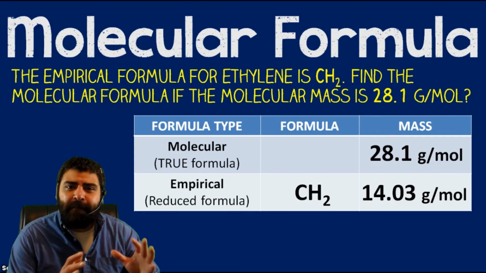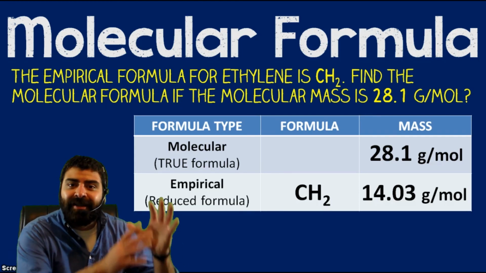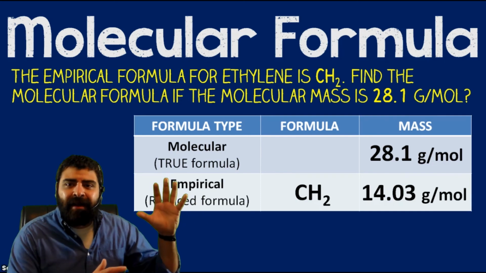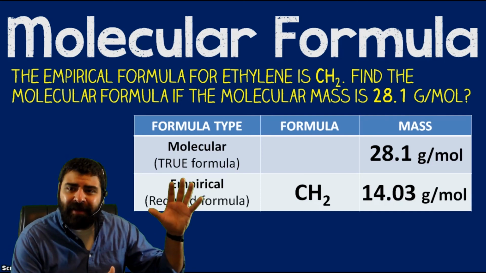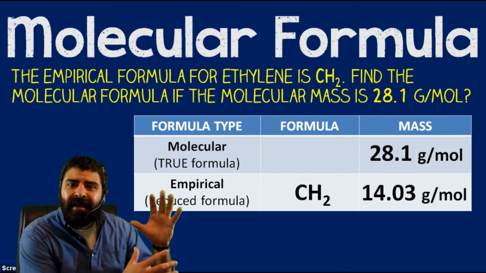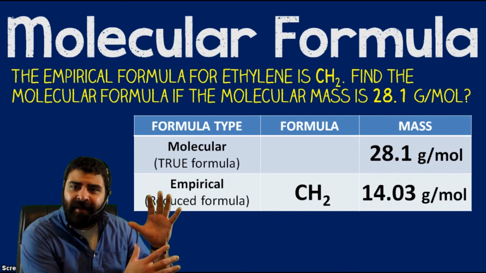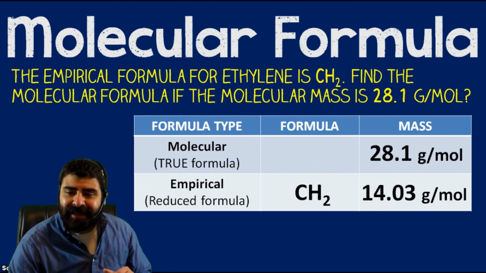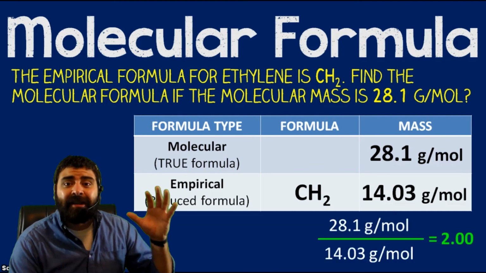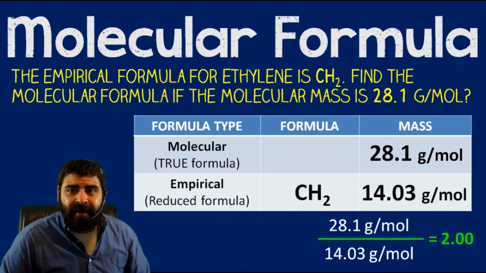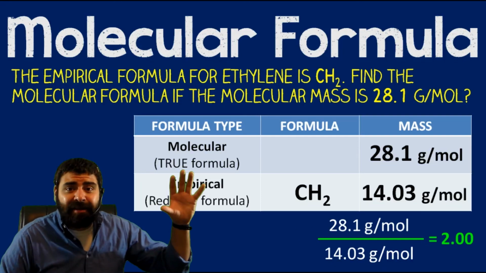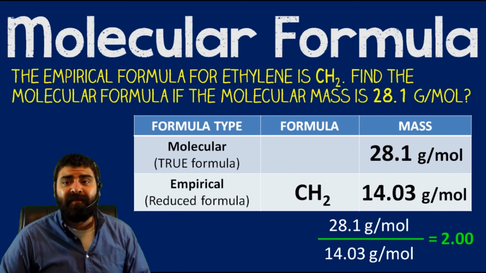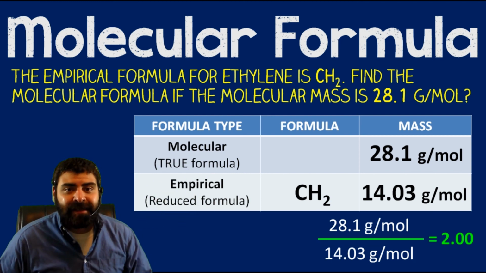Now, how does that baby mass compare to the mama mass? Well, 28 grams for the mama mass, the molecular formula, 14 grams for the empirical formula. Well, you can see, we can do some math and see clearly that it's about 2 times greater. The mama molecular formula is 2 times greater than the baby empirical formula by mass.